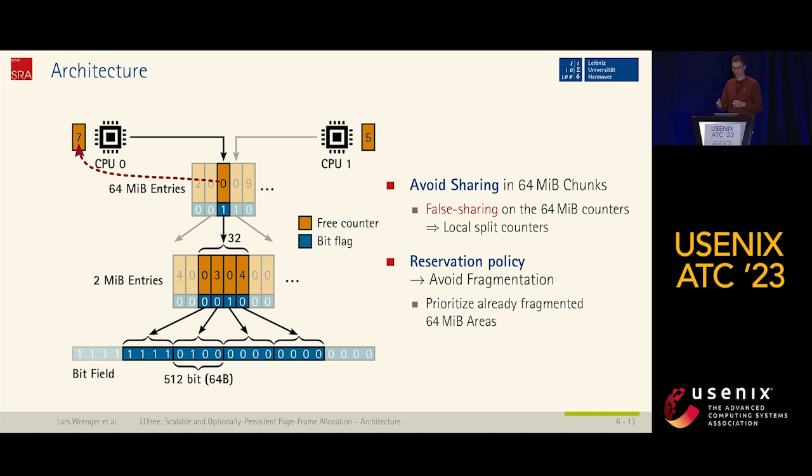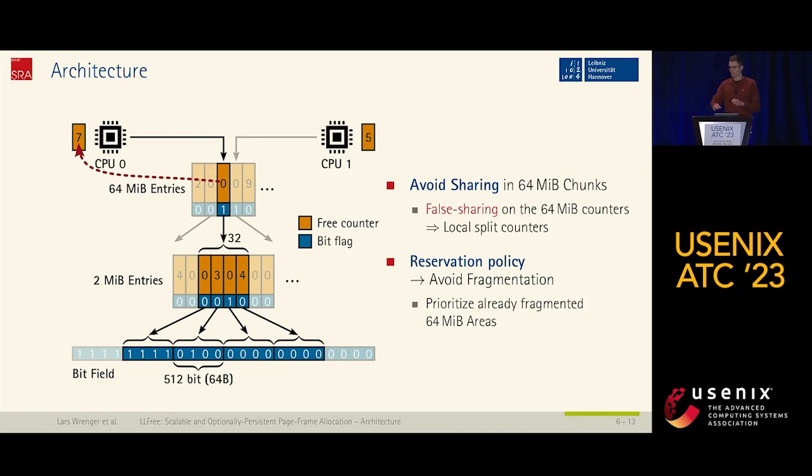When the CPU needs a new 64 MB area for reservation, we prioritize already fragmented areas and only fall back on entirely free areas if there are no fragmented areas left. And this quite effectively avoids fragmentation and leads to a nice over-time defragmentation, as we will see later.